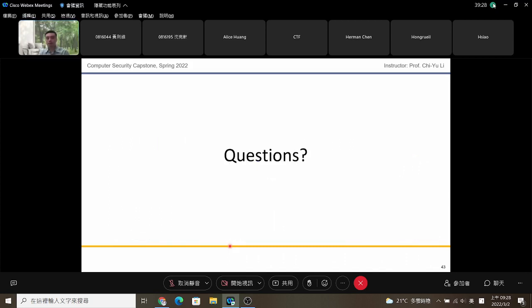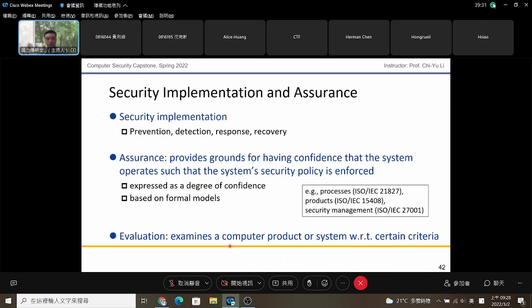Okay. So this is pretty much chapter one. We just gave a concept and an overview of computer security. Any questions?